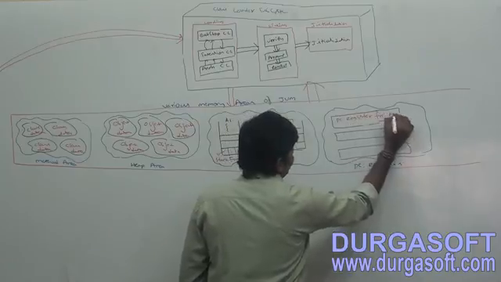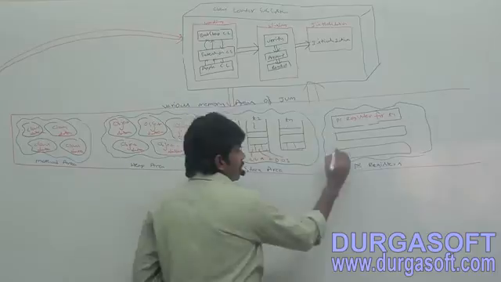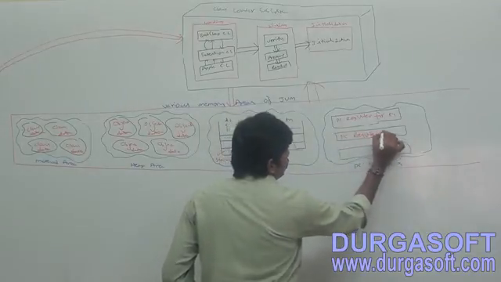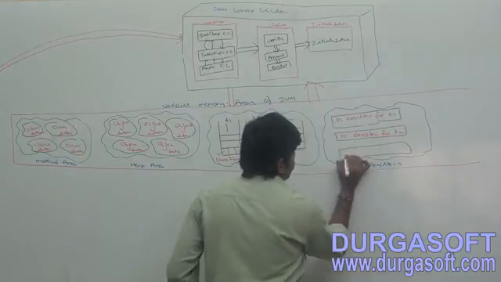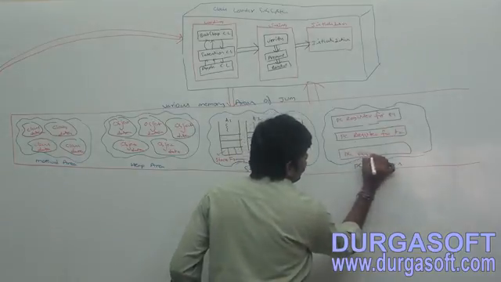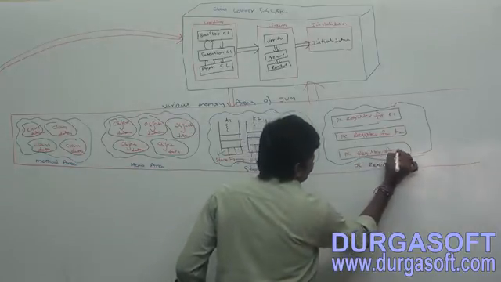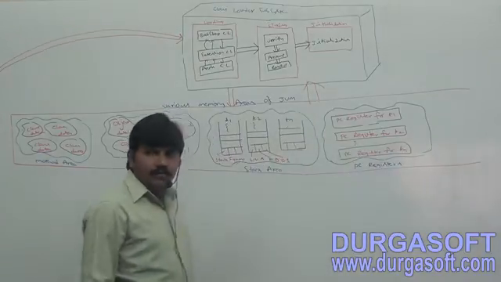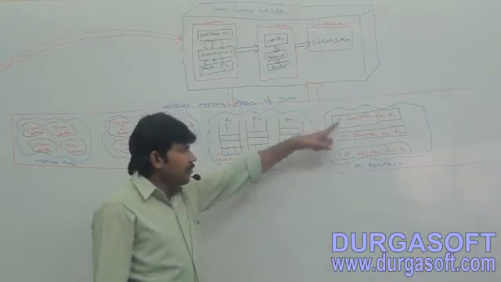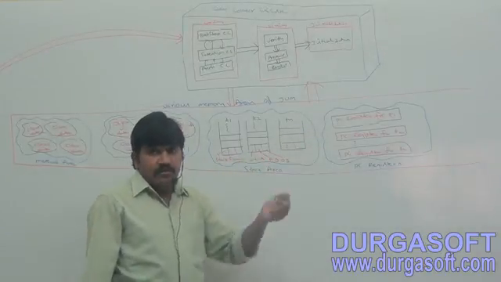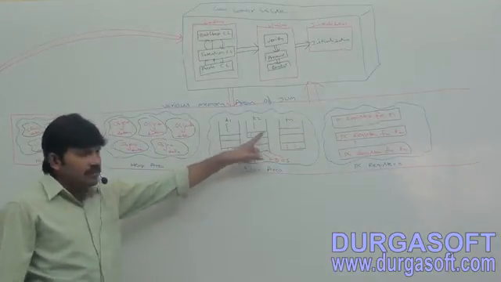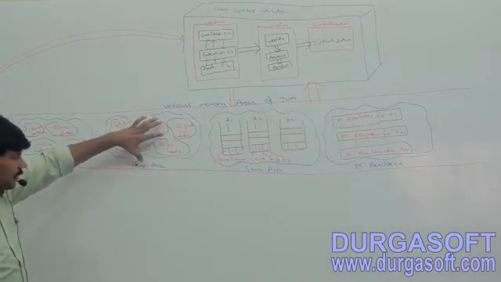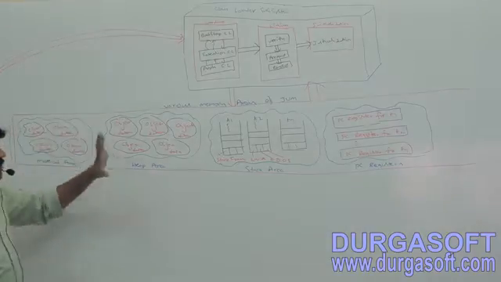For every thread a separate PC register will be created, and for every thread a separate runtime stack will be created, but for the total JVM, one heap area and one method area by default will be there.